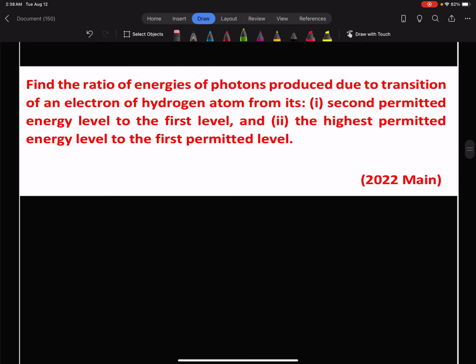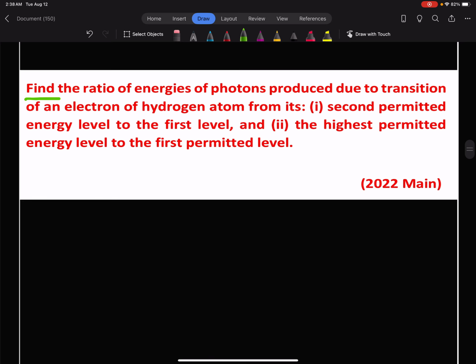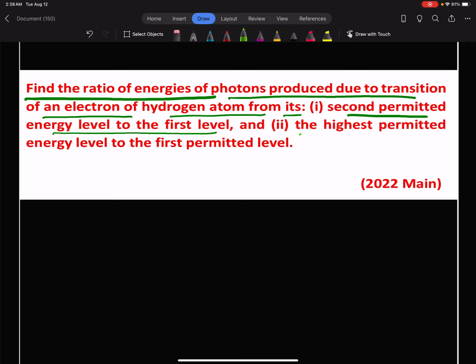It states that find the ratio of energies of photons produced due to transition of an electron of hydrogen atom from its second permitted energy level to the first level and highest permitted energy level to the first permitted level.